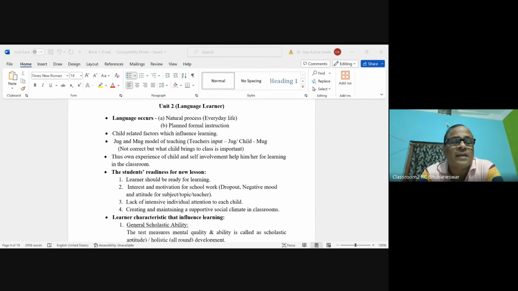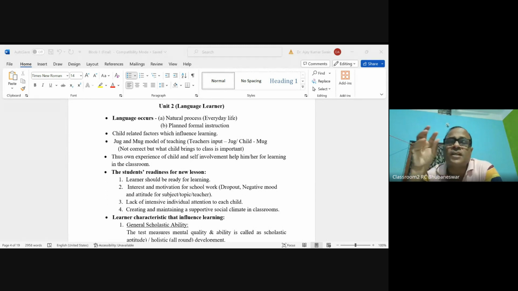Jug and mug model of teaching. Jug and mug model of teaching means teacher's input, that is known as jug, child is mug. Not correct, but what the child brings to class is important. The teacher's input is jug and child is mug. That is known as jug and mug model of teaching.